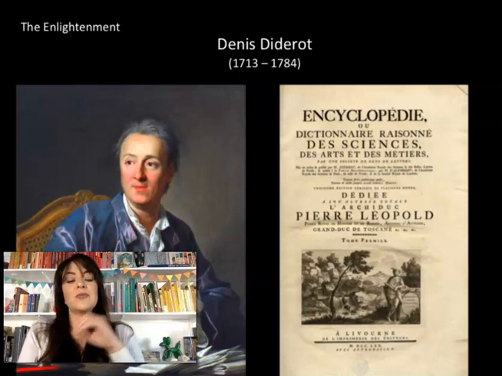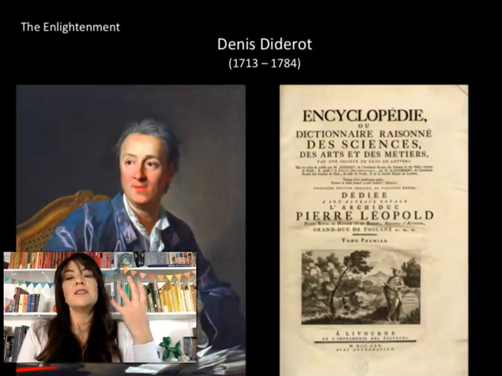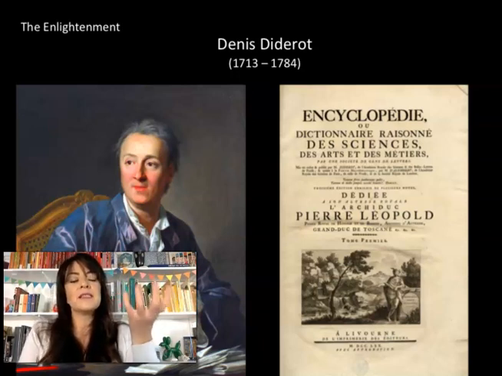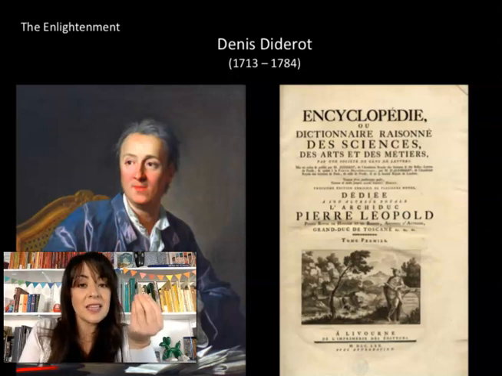Denis Diderot is one of many people who are starting to argue that for the betterment of humankind, people should have an education, that people should be knowledgeable. And when I say people, I mean everyone, not just the select few.